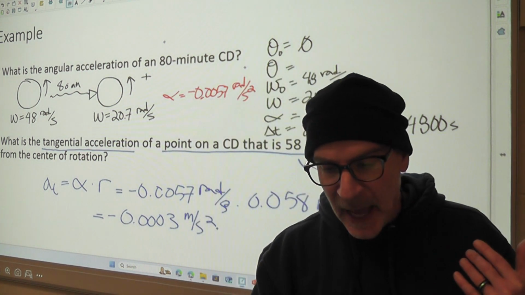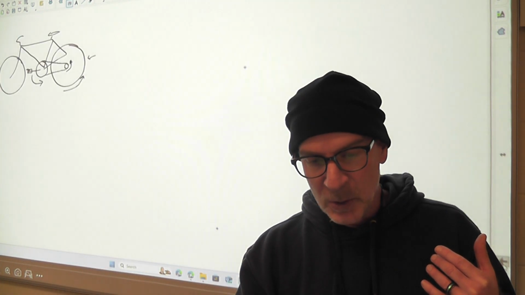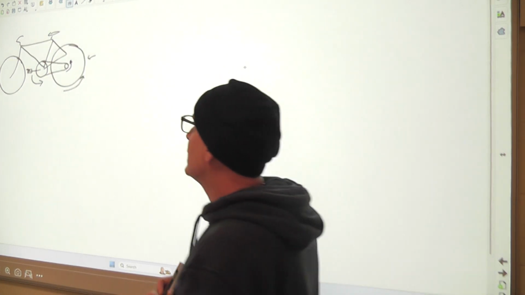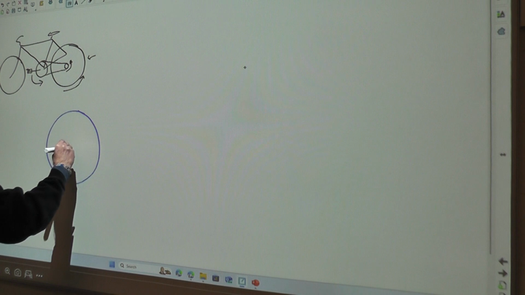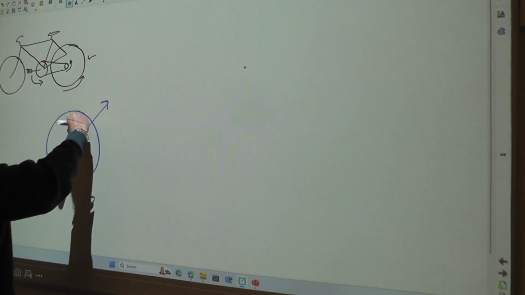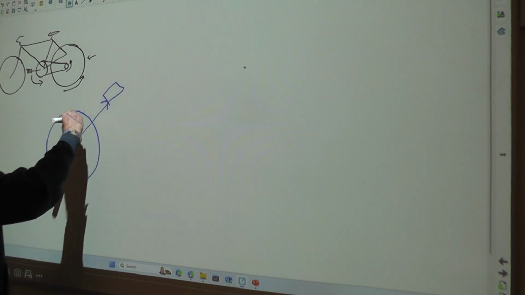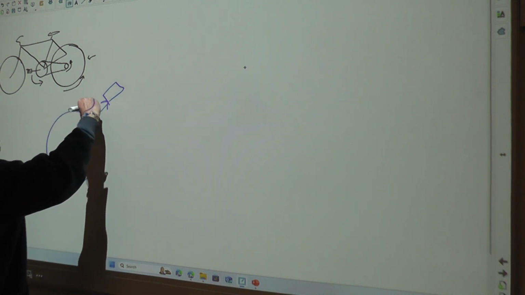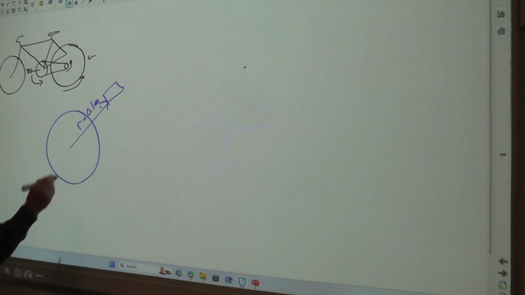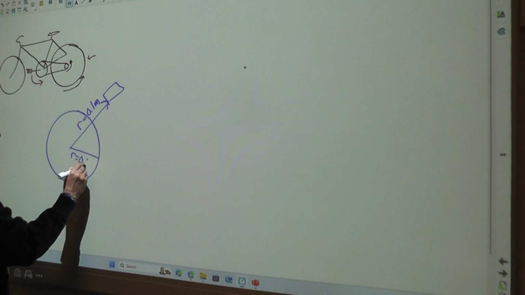What I want to come back to is all of this stuff should allow you to solve a problem like this. If we know that my crank, from the crank to the pedal, has a radius of about 0.1 meters, about a decimeter, 10 centimeters, and the gear has a radius of about 8 centimeters.